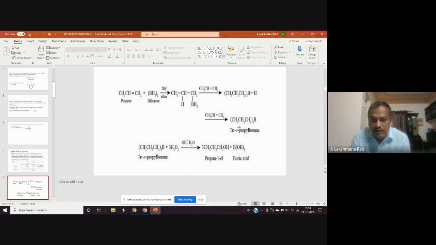So this is called the hydroboration method. As I have said earlier, this reaction is done according to the anti-Markovnikov rule. And in this reaction, there is no formation of an intermediate. Only a transition state is formed in this reaction.